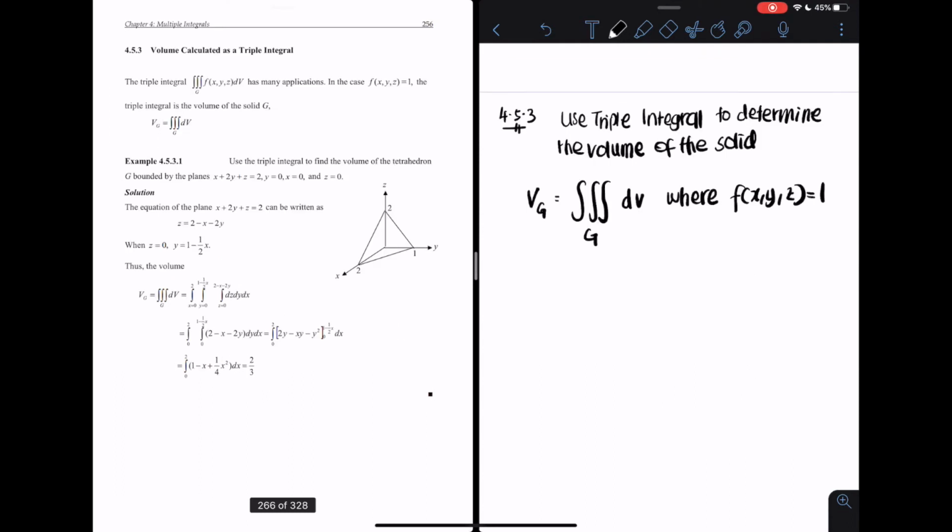Before this, if we have a single integral, we can always use it to determine the area under the curve.